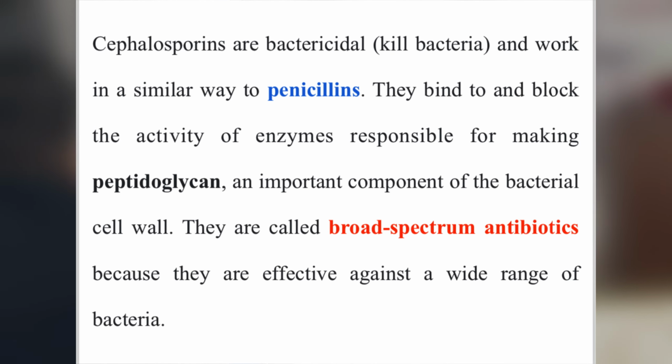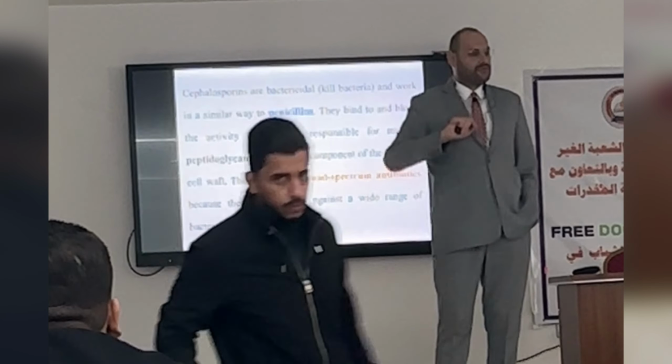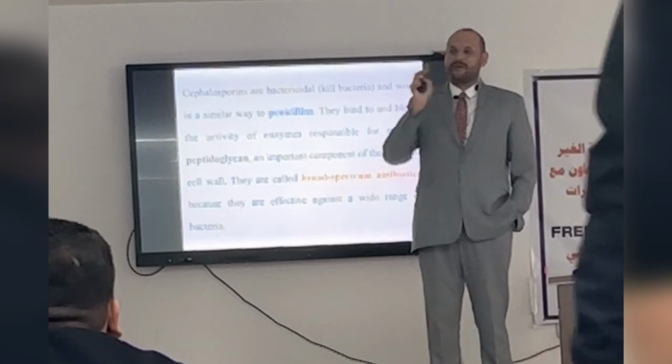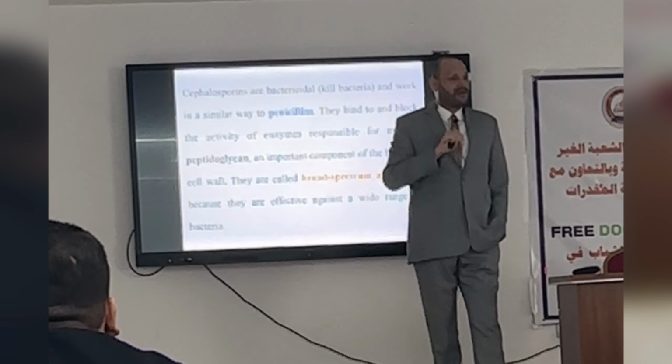And you know, what was the mechanism of action of penicillin? It was a cell wall synthesis inhibitor. It was related to peptidoglycan, and if you remember, it was related to the transpeptidase enzyme. We also had another enzyme which we discussed in the last lecture, which was the beta-lactamase enzyme.